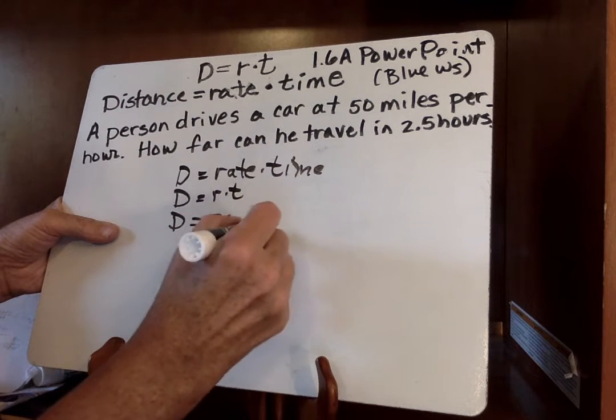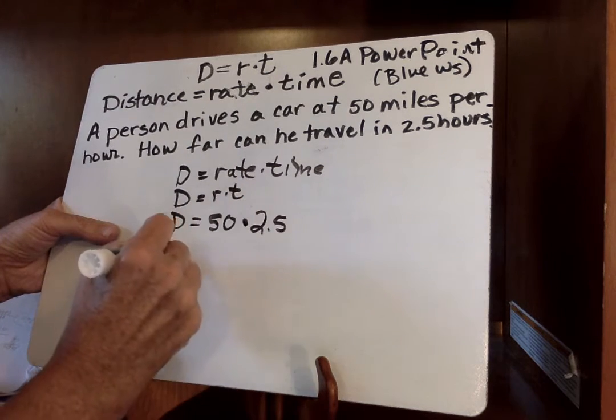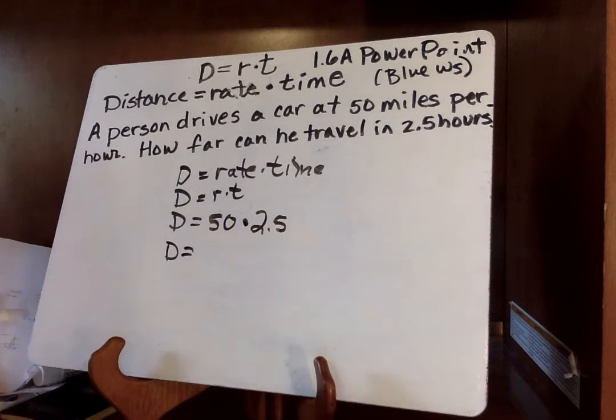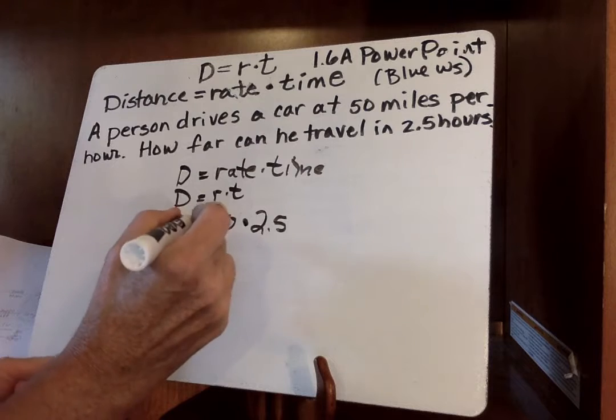The time is 2.5 hours. So distance equals, and then you get your handy dandy calculator, and you go 50 times 2.5, and that equals 125.